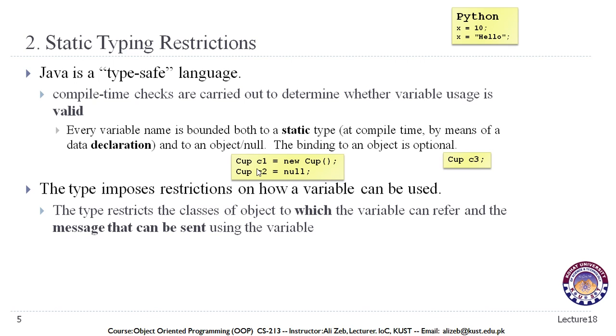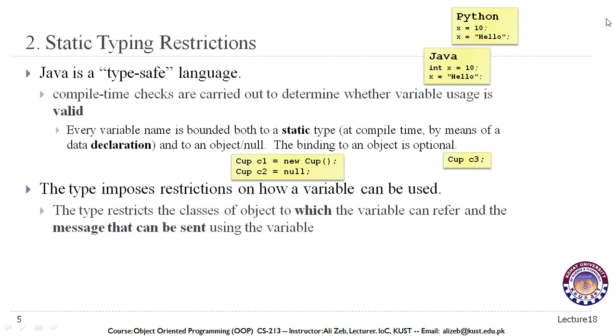This might be different from some languages like Python, where when we declare an object and initialize it with one value, we can change the value of that variable at runtime. For example, we can assign a different value to the exact same variable x, which has been initialized to an integer value, and now we are assigning a string value to the same variable x. In Java we cannot do this.